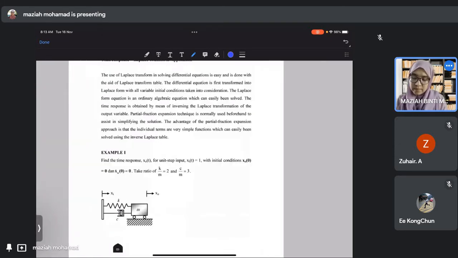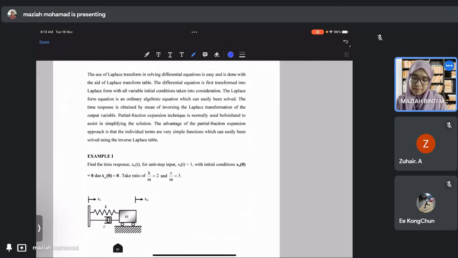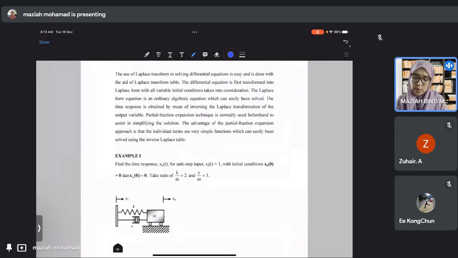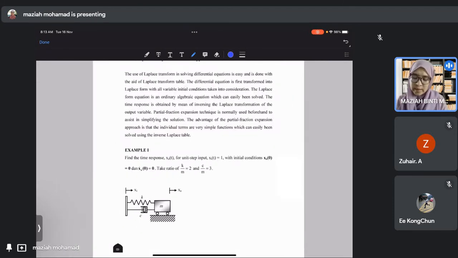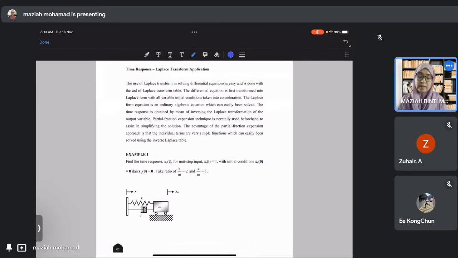All right. Okay, let's do example number 1 here, following the steps that we have discussed just now. Okay. Right, find the time response x naught t. Okay, the output in function of time.